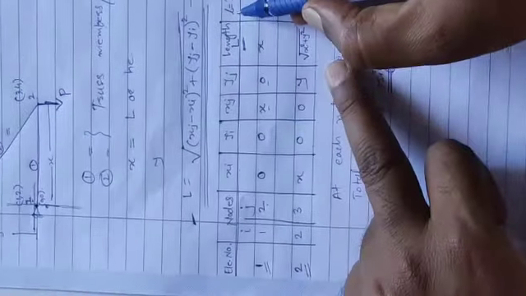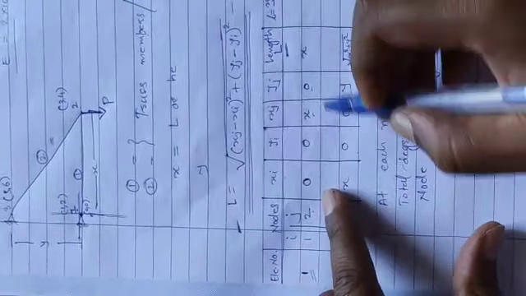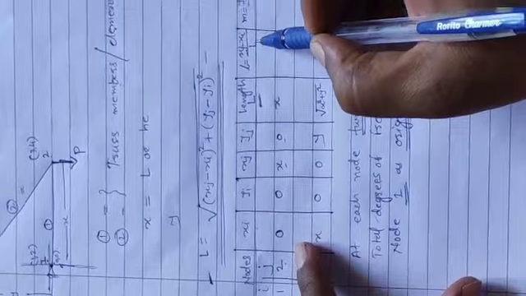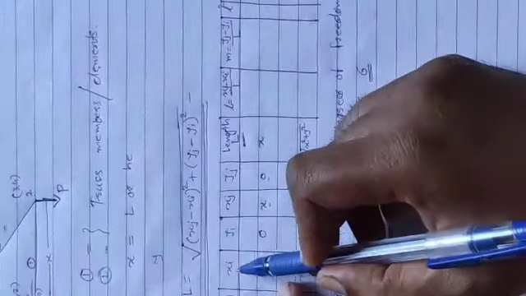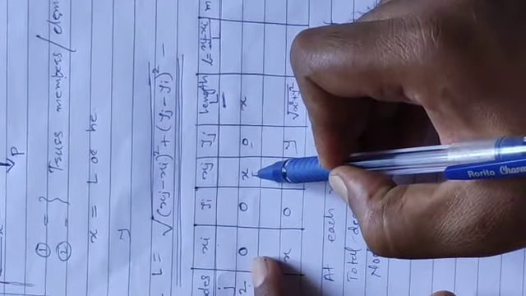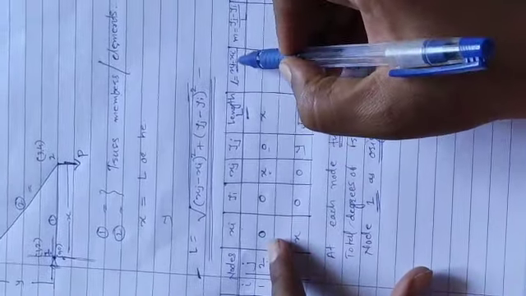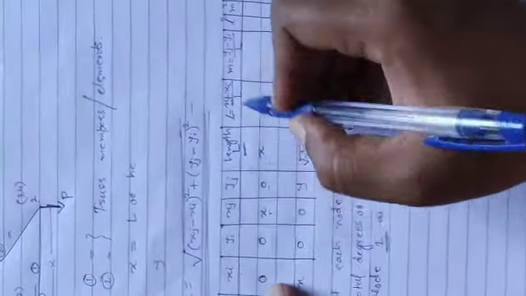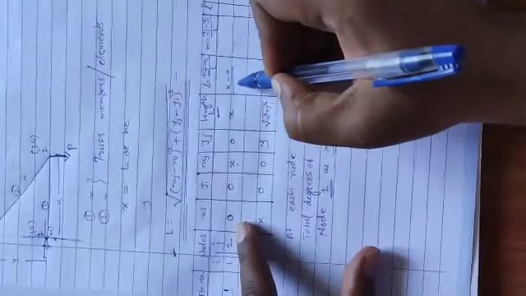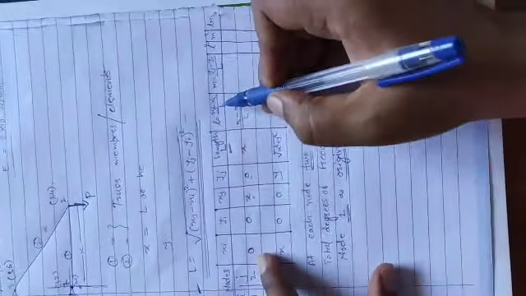Then l, small l, is xj minus xi upon L. Xj is what? X minus 0 upon L. Xj minus xi, xj is x, x minus 0 upon length L. Length is what?